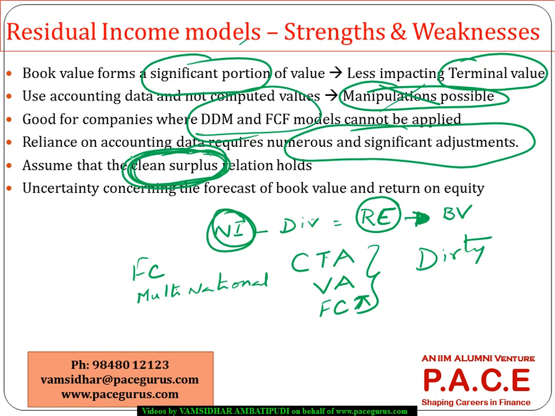But in case the book value of the equity increases directly because of these kinds of allowances, then it becomes very difficult to use the residual income model. Uncertainties in the return on equity and the book value predictions also impact the residual income models to a large extent.